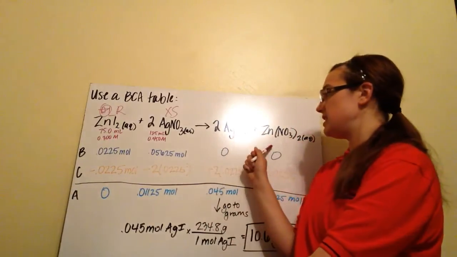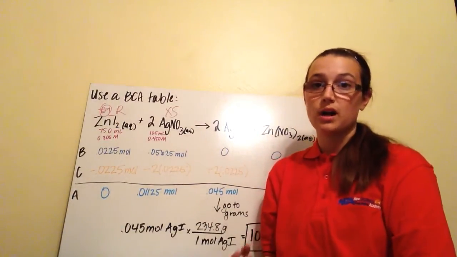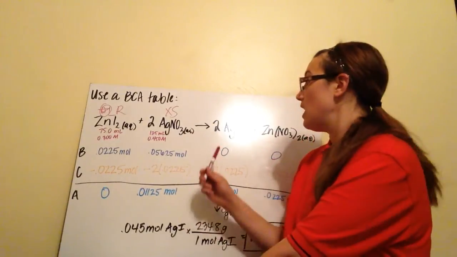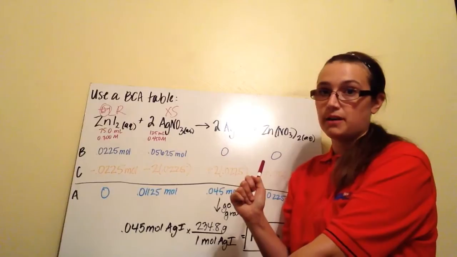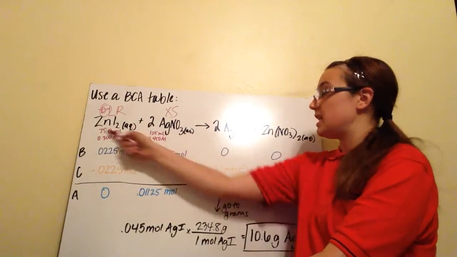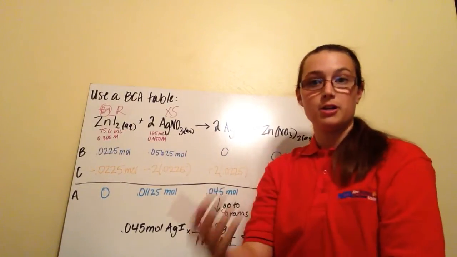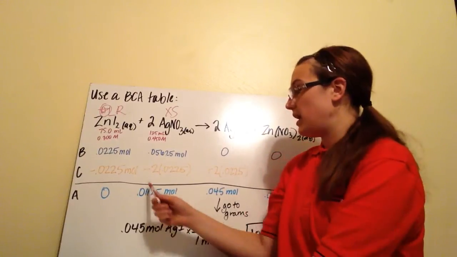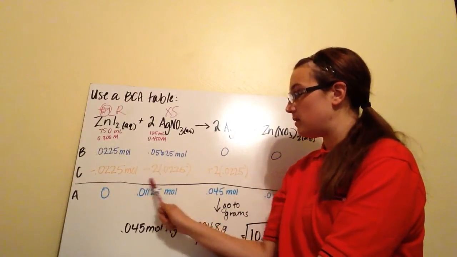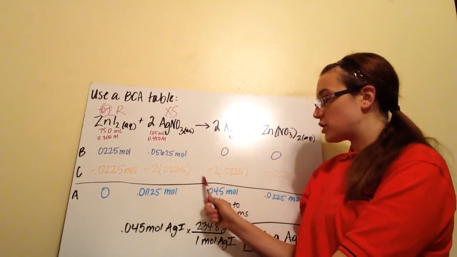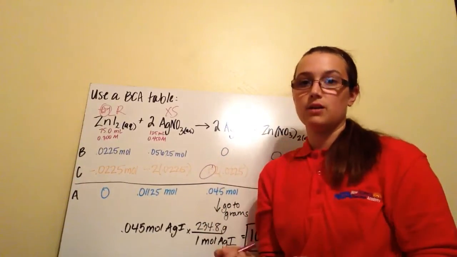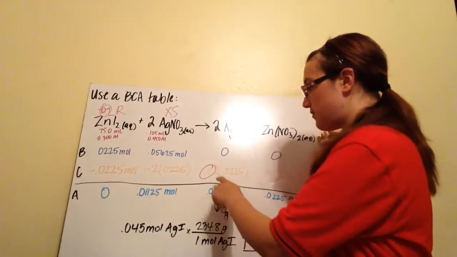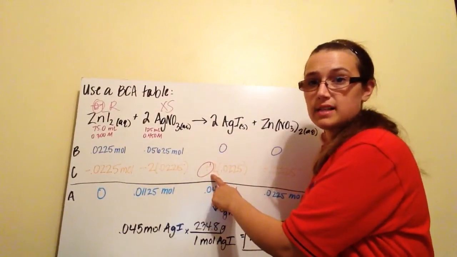Now I'm also going to determine how much of each product that I form. If you look at the zinc iodide to silver iodide ratio, you notice that it's 1 to 2, very much like the silver nitrate. But instead of using up those moles, we're actually creating, right? You're forming that silver iodide, so this value is going to be positive.